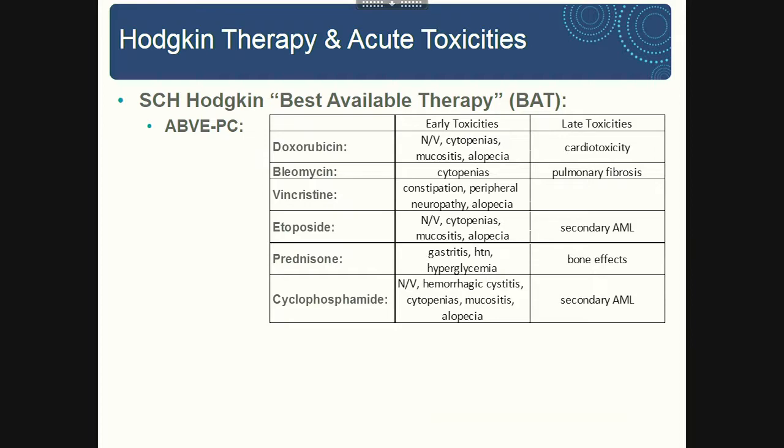Pulmonary fibrosis is one that we see from the bleomycin, and then both cardiotoxicity and pulmonary fibrosis are worsened by radiation. And so patients who get radiation that involves their heart are much more likely to develop heart failure from their anthracyclines. And for the pulmonary fibrosis, if you have any of the lung parenchyma in your radiation field, your rate of having pulmonary fibrosis and long-term issues with your breathing capacity is much higher.